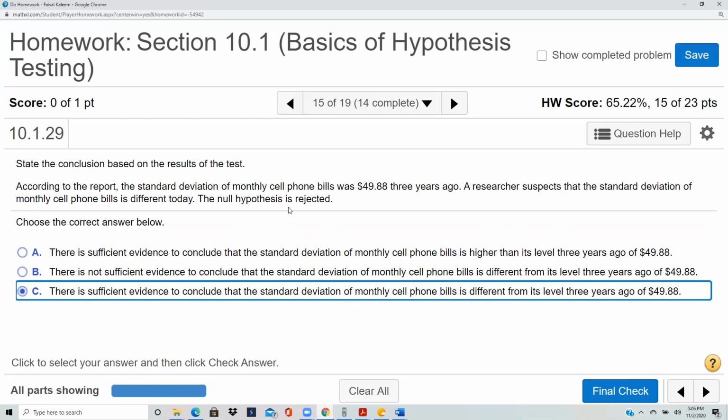So the positive and the negative go along with what you do to the null. If you reject the null, then there is evidence for the alternative. If you don't reject the null, then there is not evidence for the alternative. That's the language we speak here.